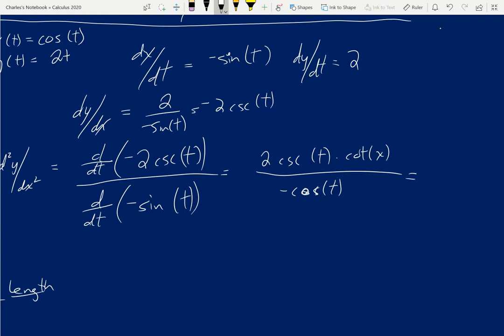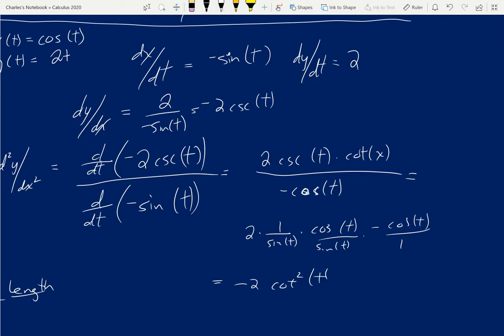So this turns into 2 times 1 over sine of t times cosine of t over sine of t times negative cosine of t over 1, which would be negative 2 cotangent squared of t.